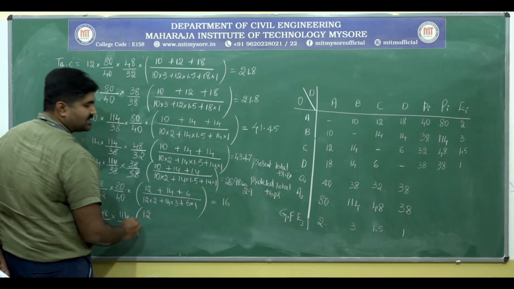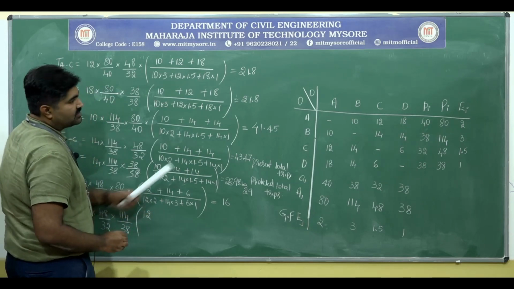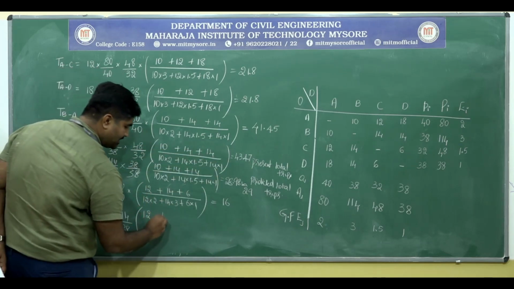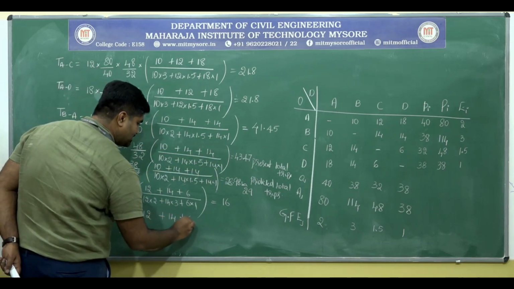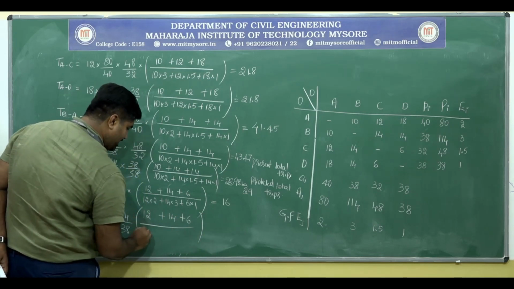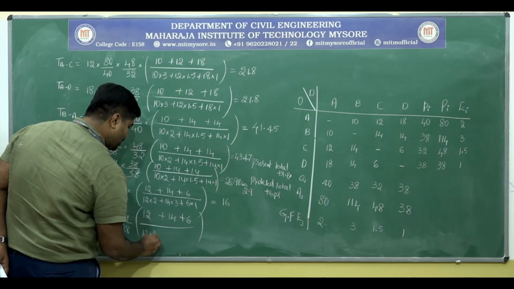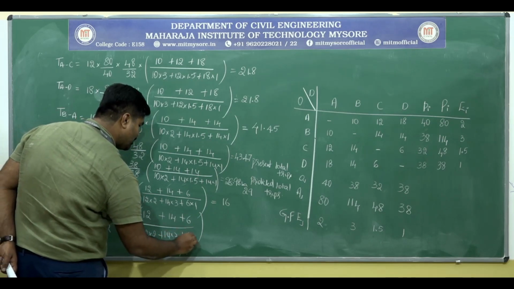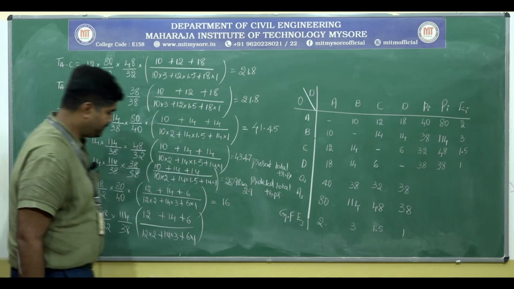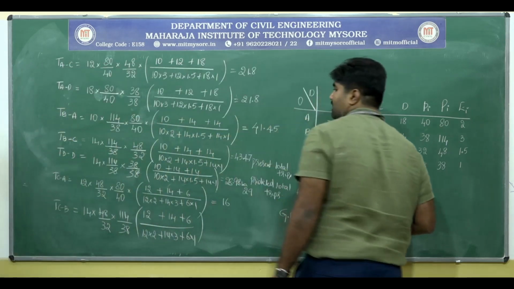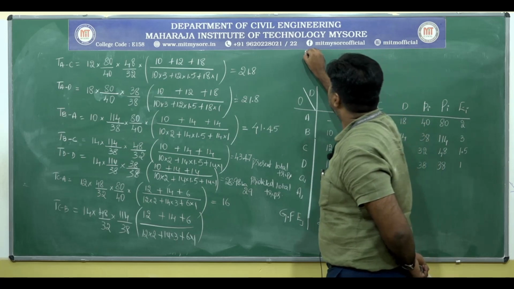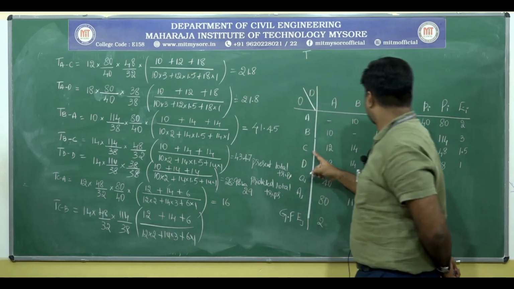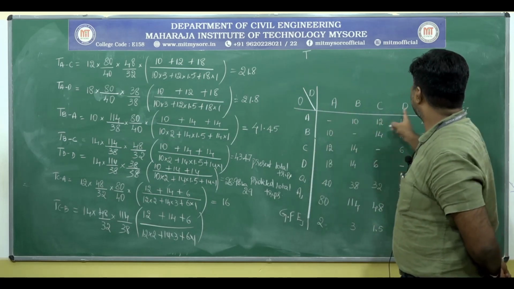This remains same for this set of the trips which are generating from C. Okay, for that it remains same, 12 plus 14 plus 6 divided by 12 into 2 plus 14 into 3 plus 6 into 1. Okay, similarly T C to B. Next T C to D.